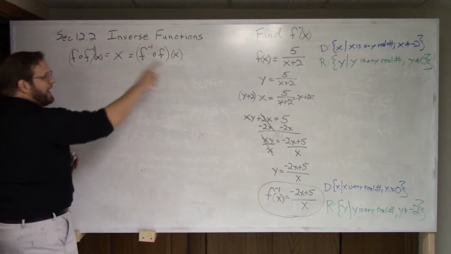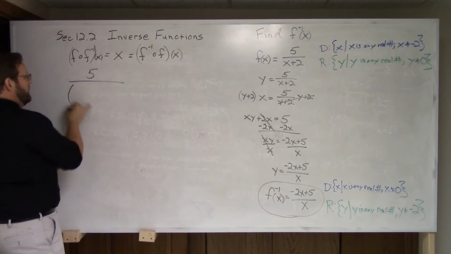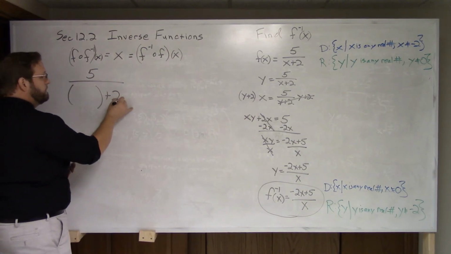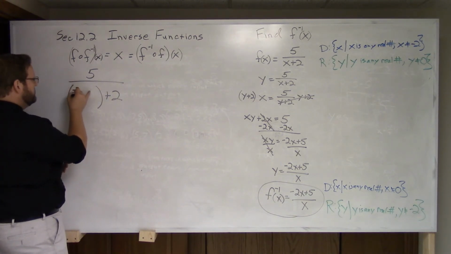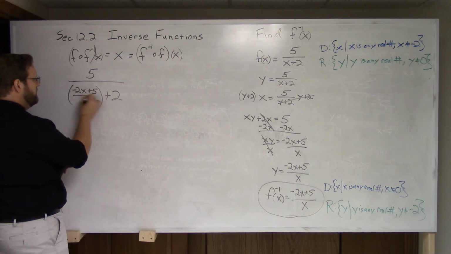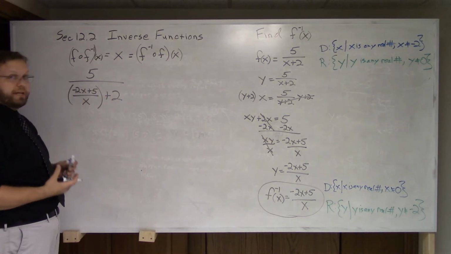So I'm going to start with f, which is 5 over x plus 2. And then I plug in the inverse that I found, which is negative 2x plus 5 over x. Okay, so we're left with a complex fraction.